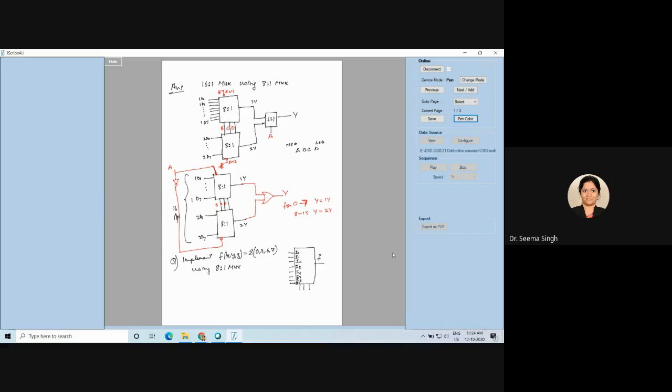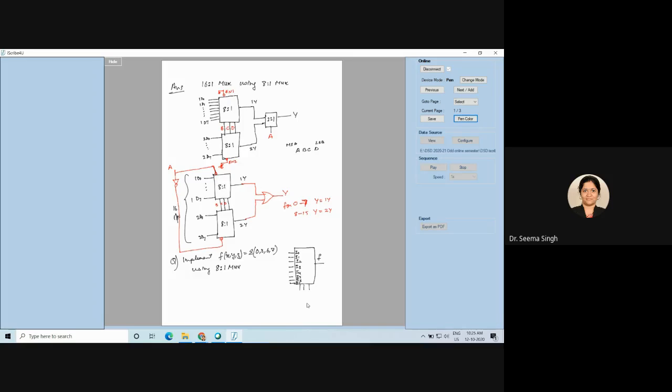Again, this is your first design question. You should understand it carefully. Of course, the meaning of this connection will not come now because I have given you an 8:1 mux. If I give you a 4:1 mux to design the same thing, then this logic will come into picture. As of now, this logic is not coming into picture. You have to think something else.